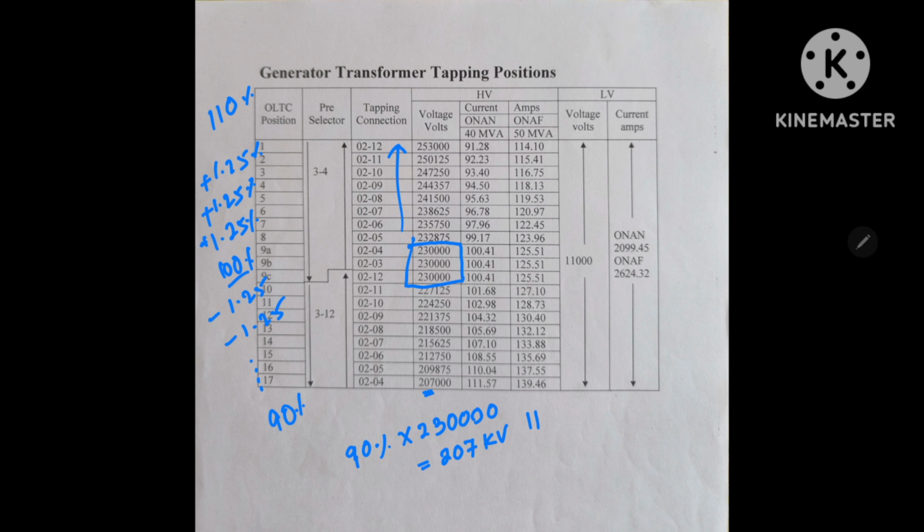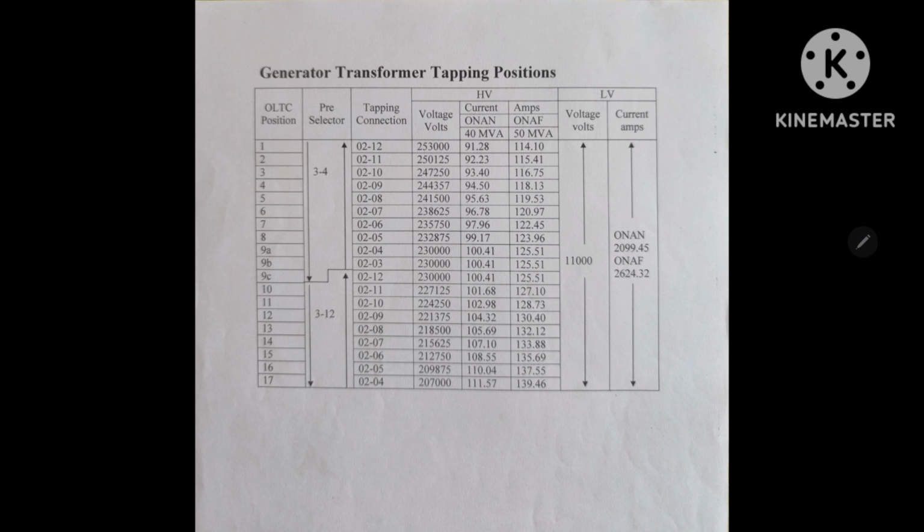In a similar way, 110% into 230 kV is equal to 253 kV. So this is the calculation actually. So to understand this, we take one polarity-wise connection. This is called additive polarity.